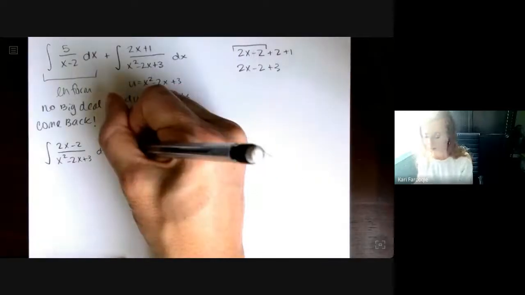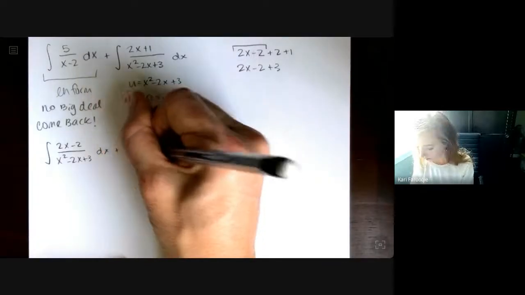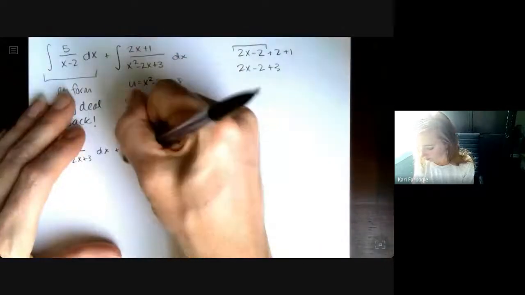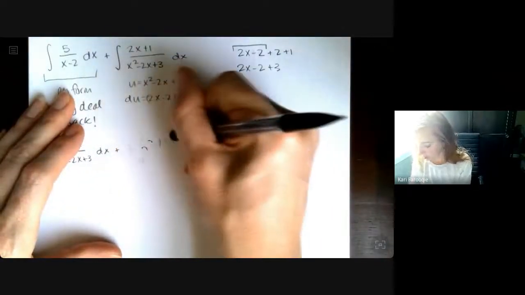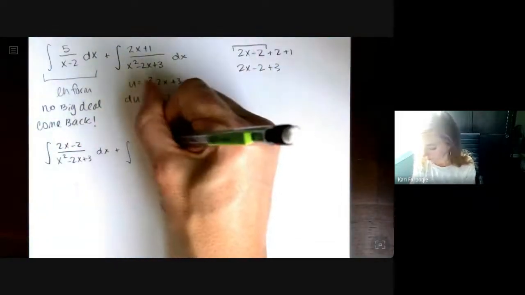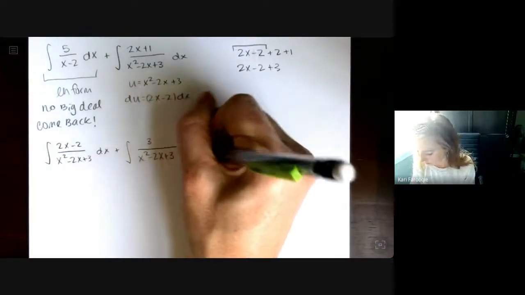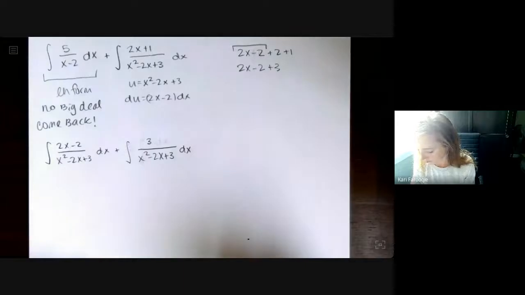So your second integral is going to be plus 3 times the integral of, you know what, I'm going to just write it together right now because I don't want it to look confusing. 3 divided by x squared minus 2x plus 3 dx.